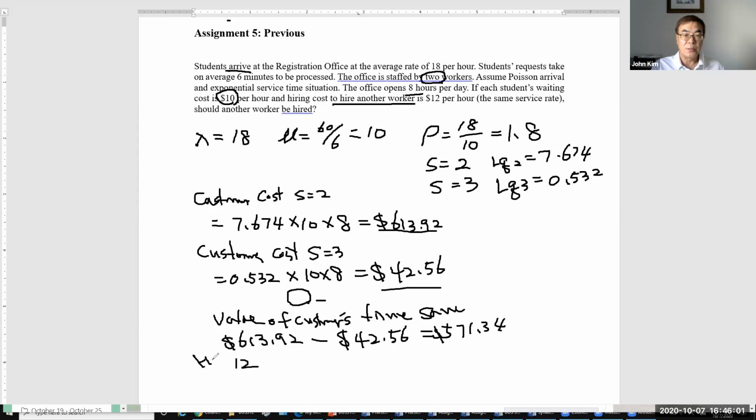Hiring cost is $12 times 8 hours, that is $96.